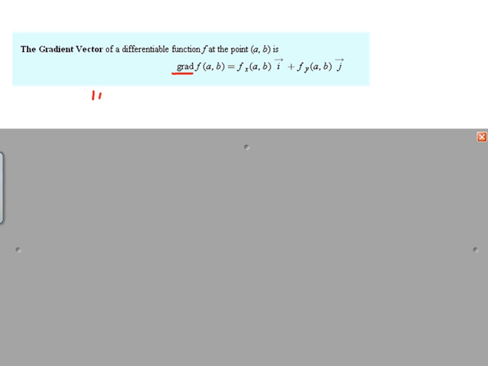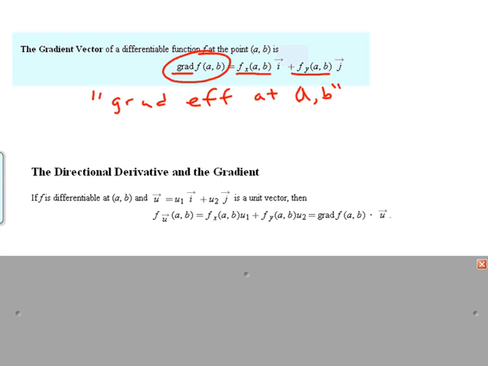So grad f at (a, b) is how you'd pronounce this piece. And grad f at (a, b) is, like we said, our partial derivative with respect to x evaluated at (a, b) in the i direction, plus our partial derivative with respect to y at (a, b) in the j direction.